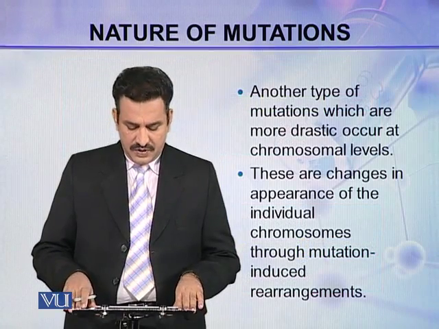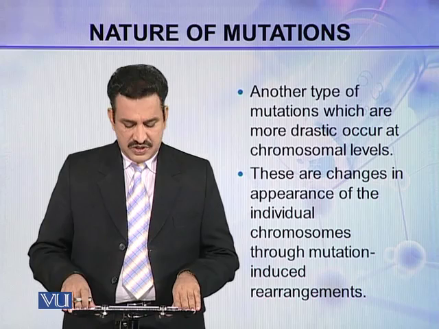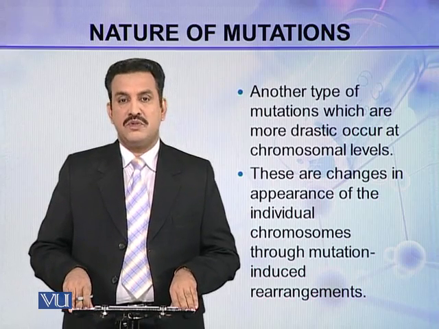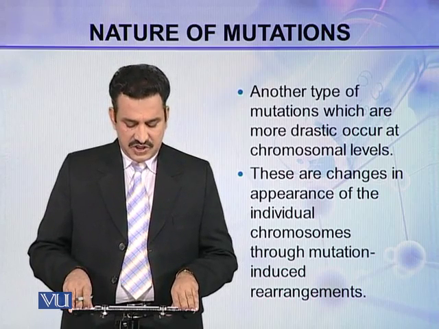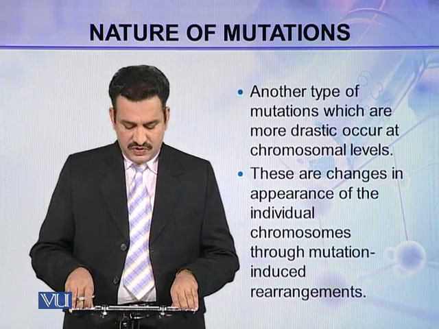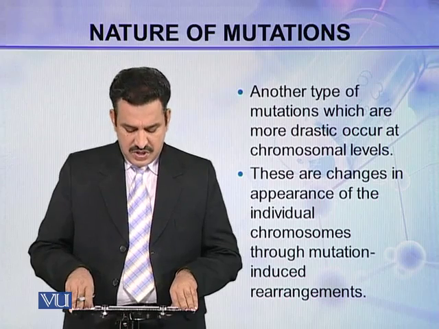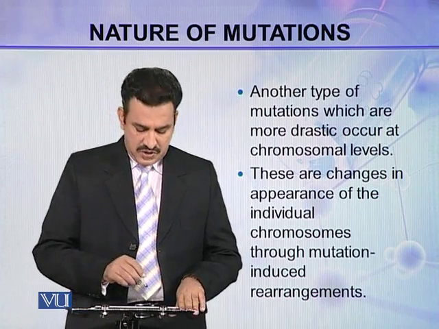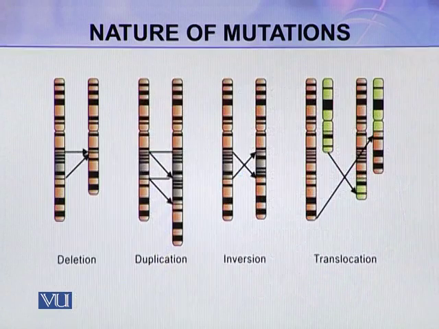Another type of mutation which is more drastic occurs at chromosomal levels. These are changes in the appearance of the individual chromosomes through mutation induced rearrangements. So there are many examples such as deletions.